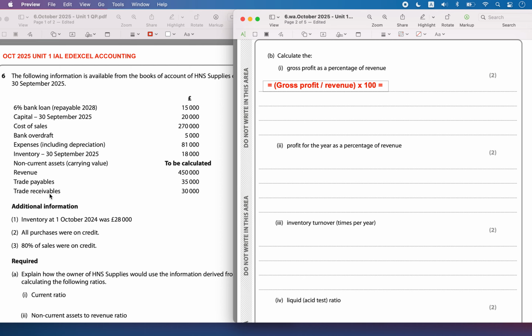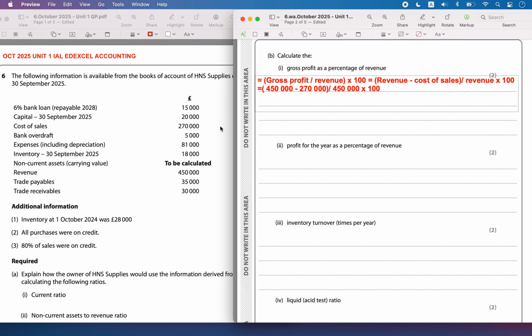Now what is gross profit? Gross profit is not given directly here, so gross profit is equal to revenue minus the cost of sales. So it is revenue minus cost of sales, over revenue, times 100.